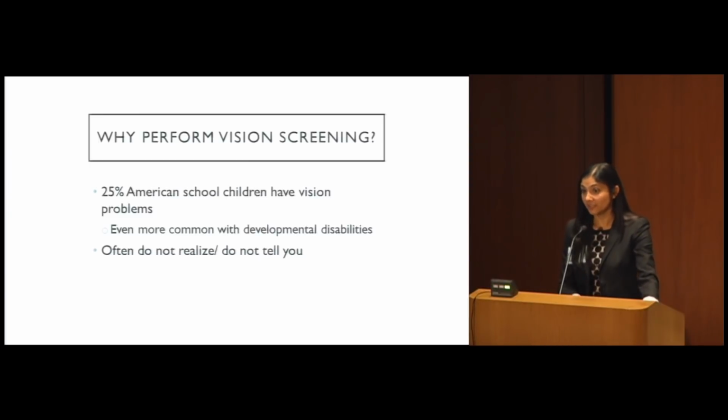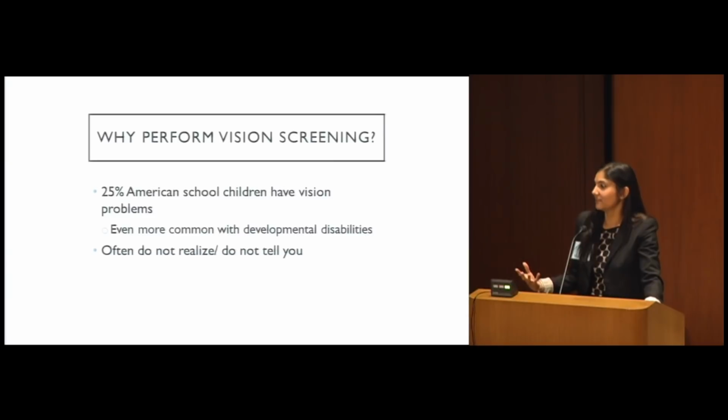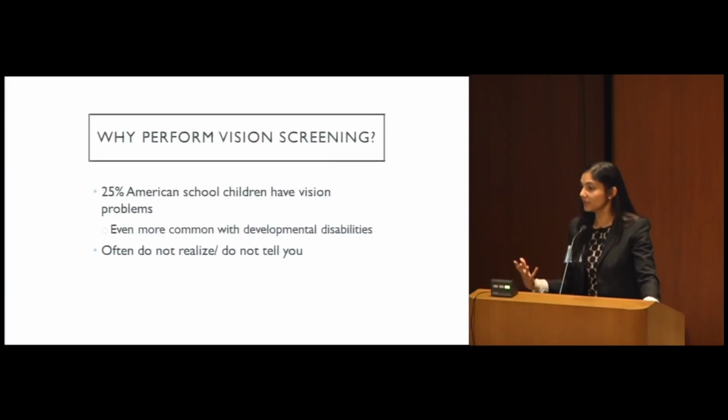Patients that are developmentally delayed and also are very, very young pediatric patients often don't realize that they have a visual impairment. Or if they do, they don't have a way to convey that message to their parents or to their doctors. And so it's important that we, as the practitioners, are the ones that are being proactive in screening these patients.